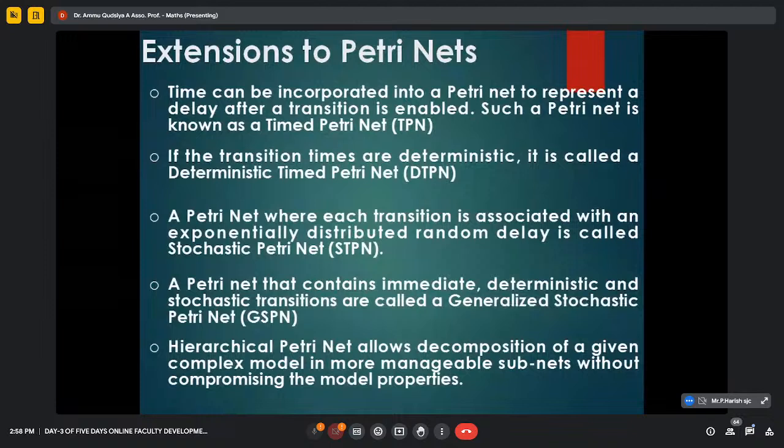So you can model any big system using hierarchical Petri nets. You can divide it into small subdivisions and model it, and finally you can assemble it to get the final outcome. That is an advantage of Petri nets.